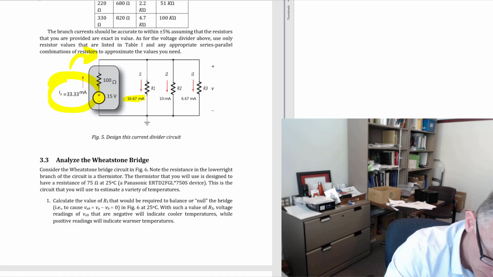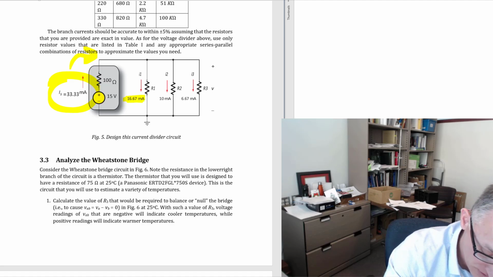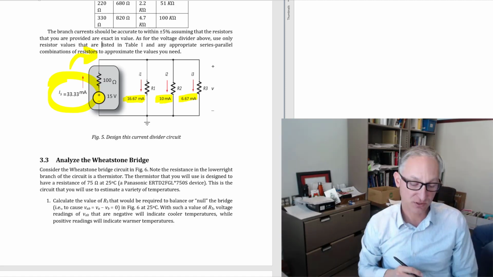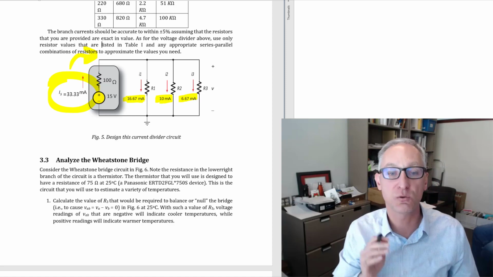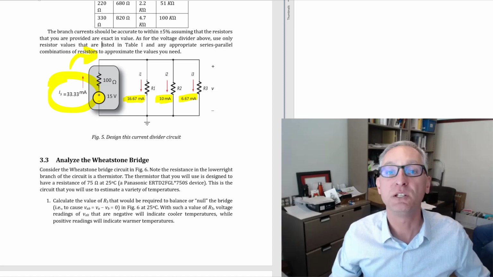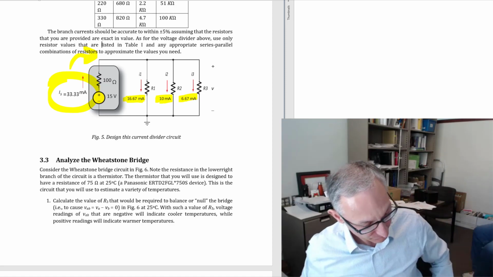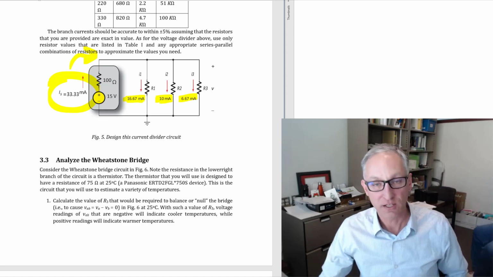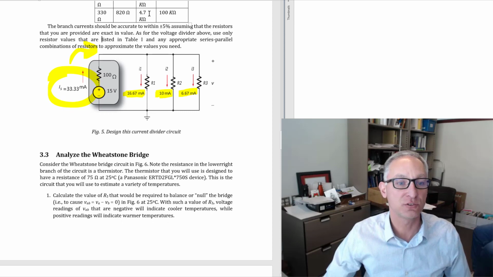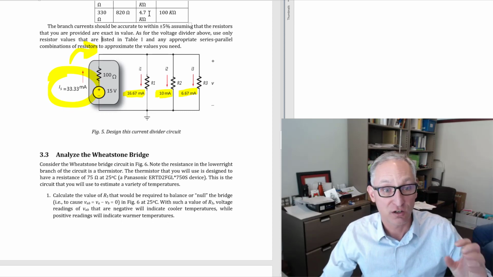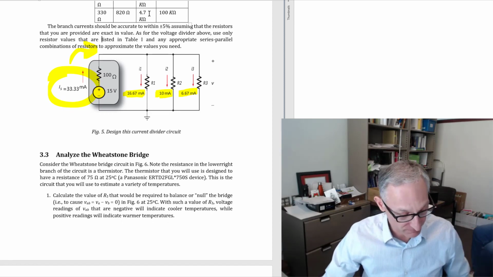And then each branch current is like so, 16.67 milliamps, 10 milliamps, and 6.7 milliamps, okay? So you have to design, or specify, the resistors R1, R2, and R3 that meet those requirements, okay? And you may have to use series and parallel combinations to come up with each of R1, R2, and R3.